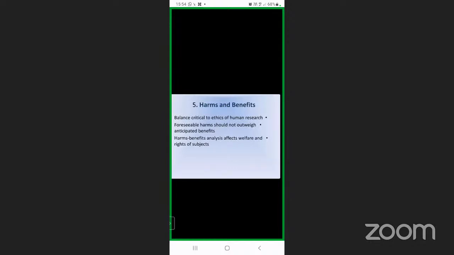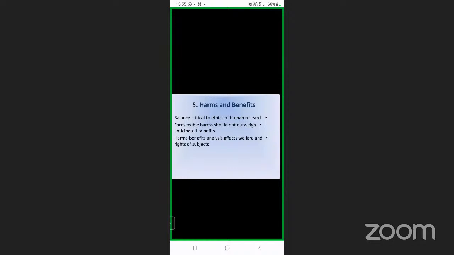So as we discussed the harms. Okay. So that person should know what are the different benefits of that research, who is included in that part of the research.